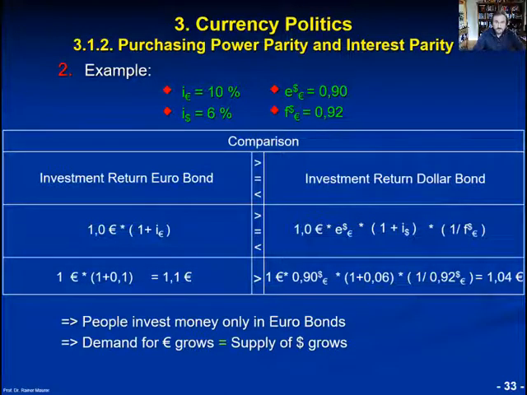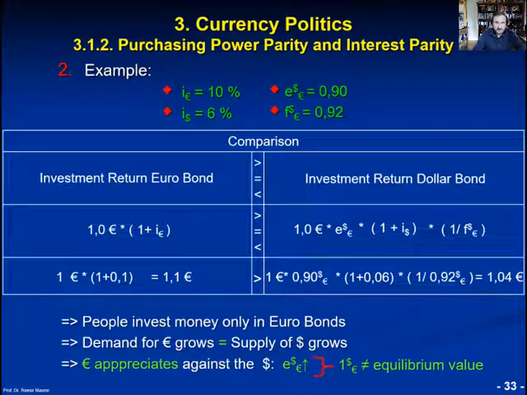As a result, the euro appreciates against the dollar. But this means that a spot exchange rate of 0.9 dollar per euro cannot be the equilibrium exchange rate either.